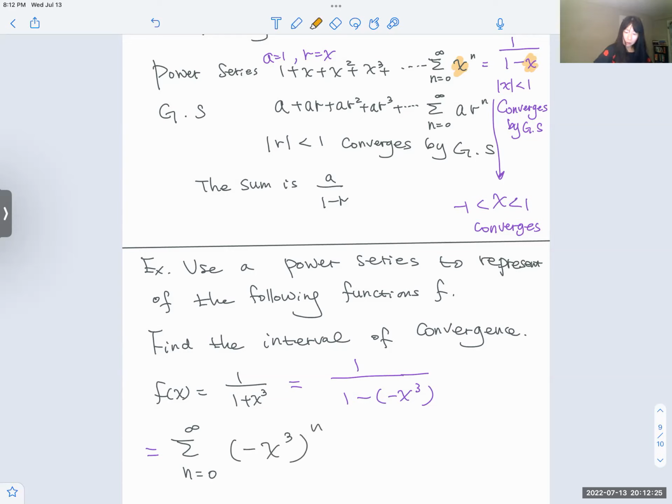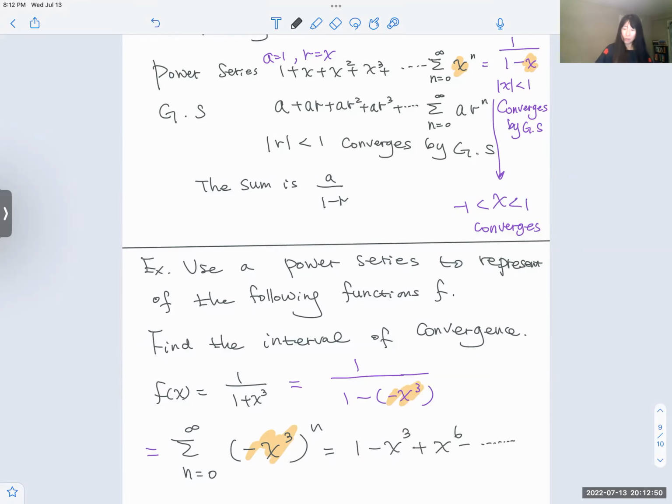Expanding: when n equals 0, we get 1. When n equals 1, we get negative x to the third. When n equals 2, we get plus x to the 6th, and so on.